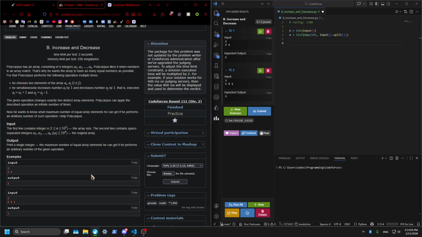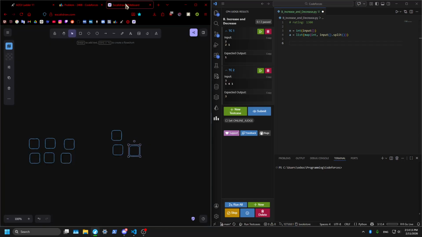If the sum is odd, then we will always have one element that we can't make a block of average with.